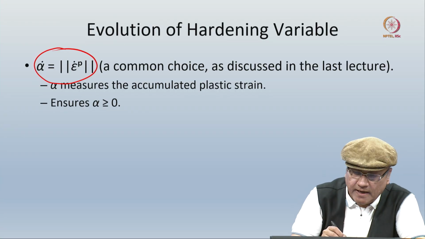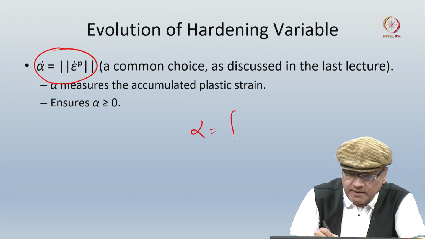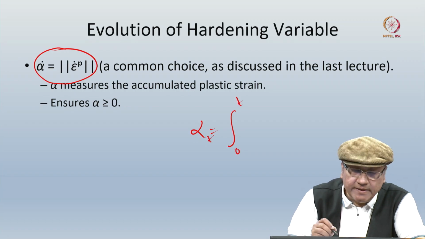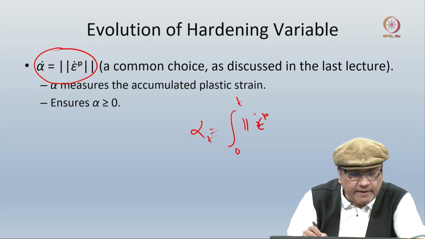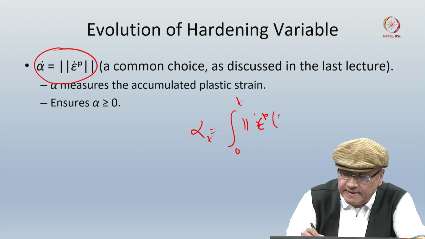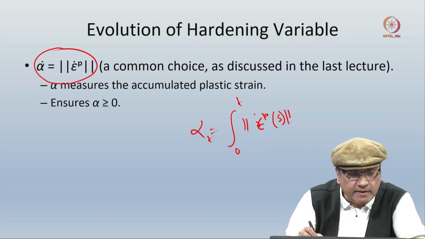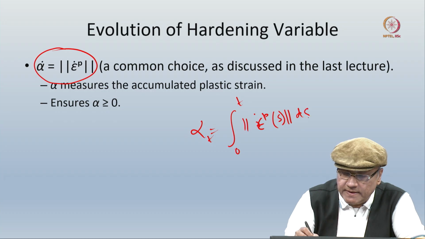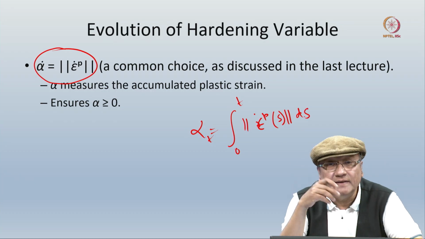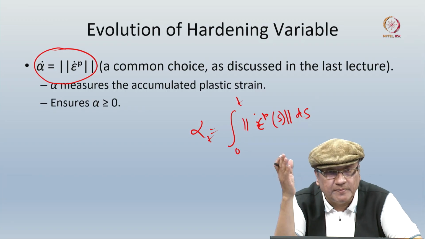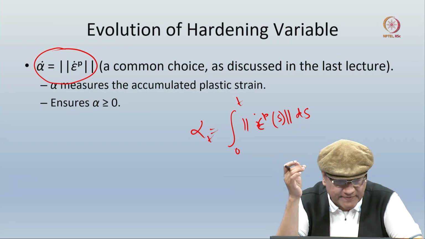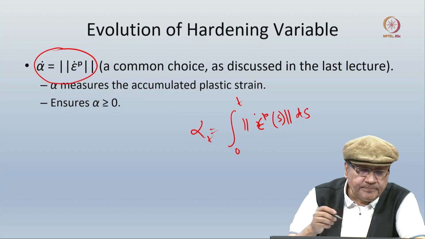So basically alpha at time t will be the integral from 0 to t of the norm of epsilon p dot, as a function of, let us say, s less than or equal to t, ds. So basically what is happening, alpha is history dependent. The relationship is not algebraic, so it is quite non-trivial.